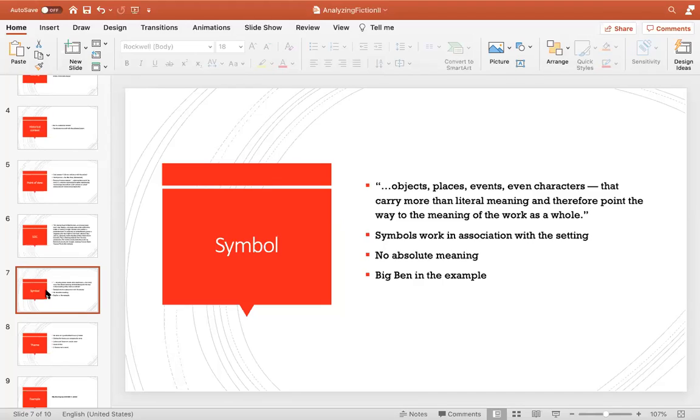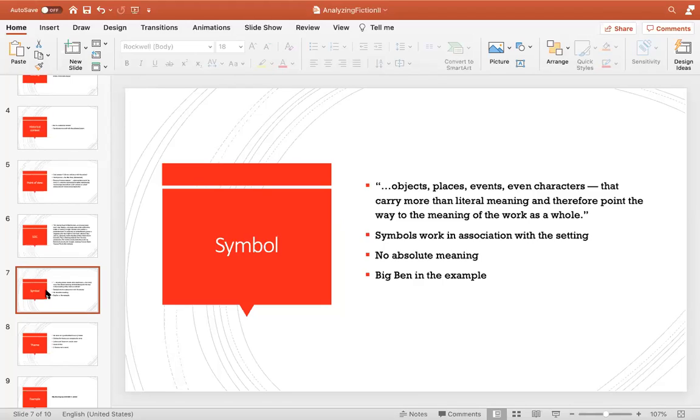Then the symbol does not have an absolute meaning. It varies from reader to reader. But the meaning you give or assign to a symbol, you should be able to justify with reference to the context in which that story is being read or in which that story has been written.